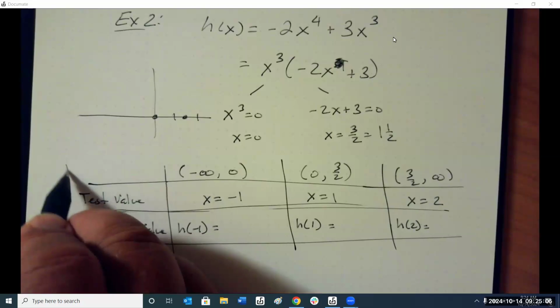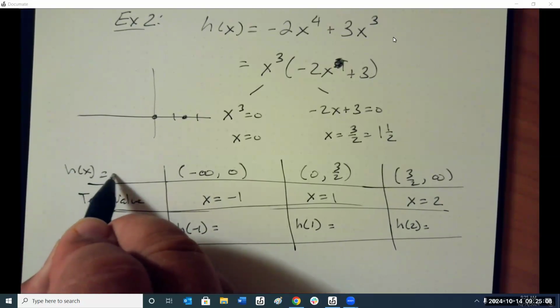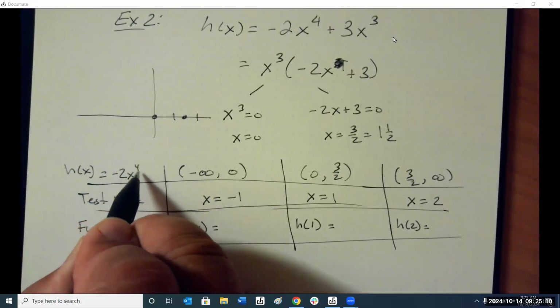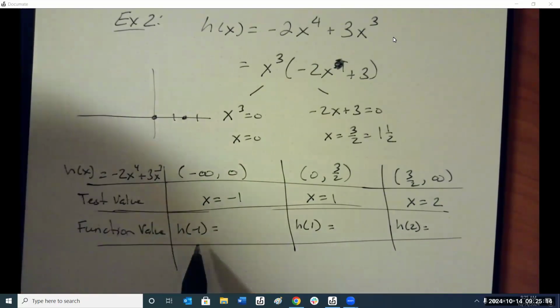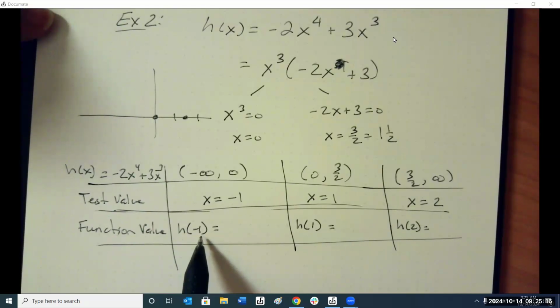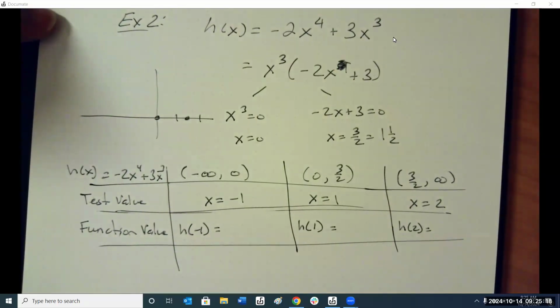Remember, our equation was -2x to the 4th plus 3x cubed. So if we put a -1 in there, what do we get? We get -2 times -1 to the 4th plus 3 times -1 cubed.